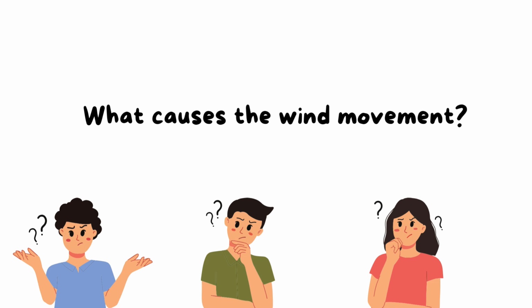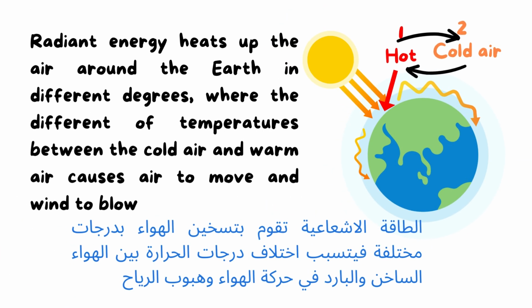Okay, as you know, the radiant energy comes from the solar energy, one type of the solar energy. So this radiant energy heats up the air around the earth, as you see here in the picture. Okay, so this radiant energy heats up the air around the earth in different degrees, as there are some areas on earth that get more or a large amount of the radiant energy.